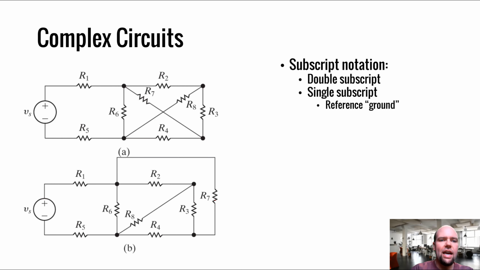So for instance, let's say I had labeled these A, B, and C on this circuit.